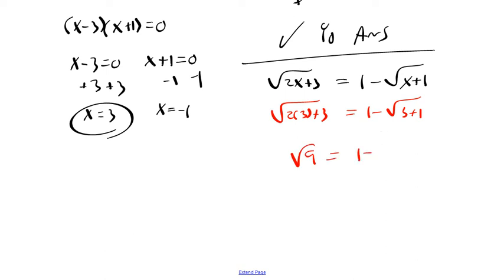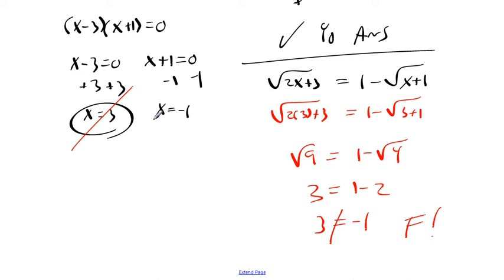And this is 1 minus the square root of x plus 1, or 3 plus 1 is 4. 1 minus the square root of 4 is negative 1. So 3 is not equal to negative 1, which means that we can eliminate the answer x equals 3. It's not part of the solution. We plugged it back in, and we got a false answer.